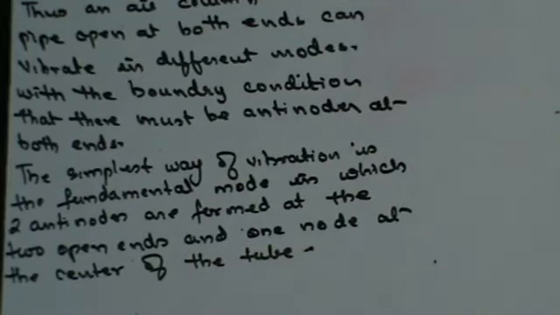So you would have a node at the center of the tube and antinodes at the two ends. Now let's assume lambda is the wavelength and L is the length of the tube.